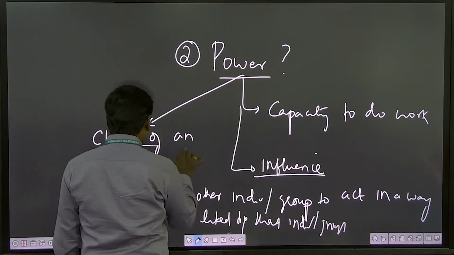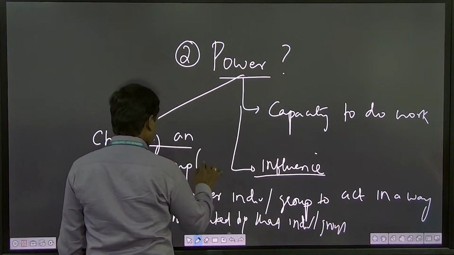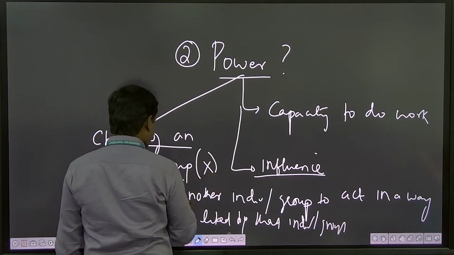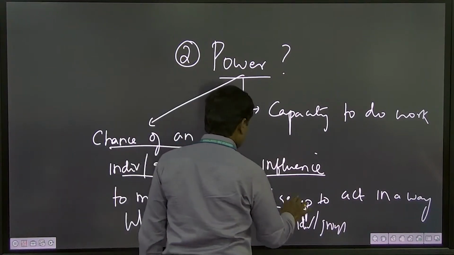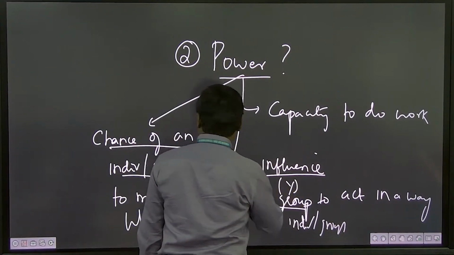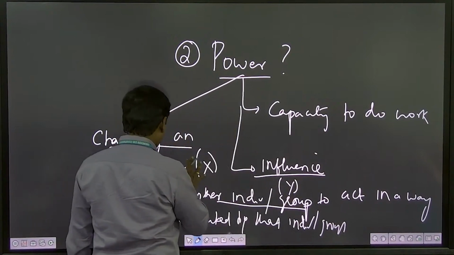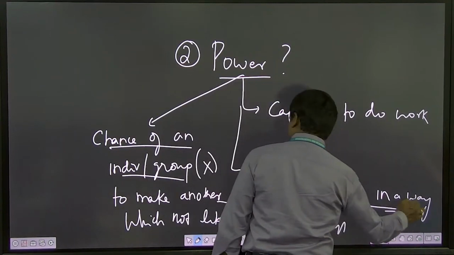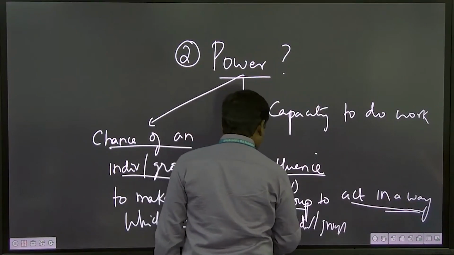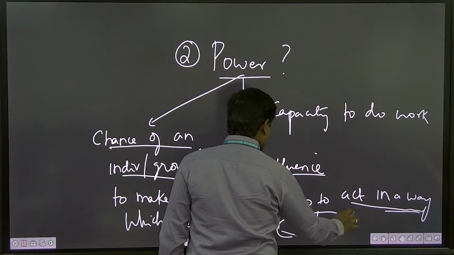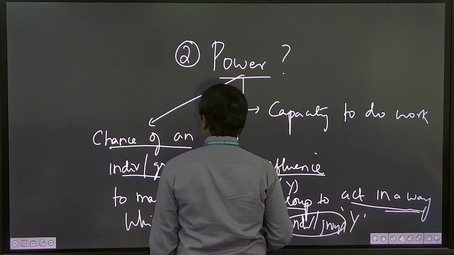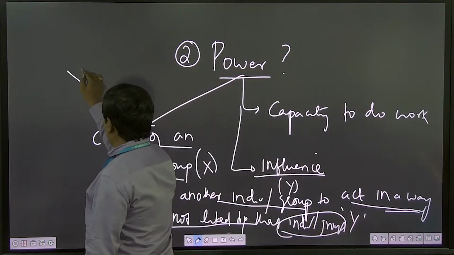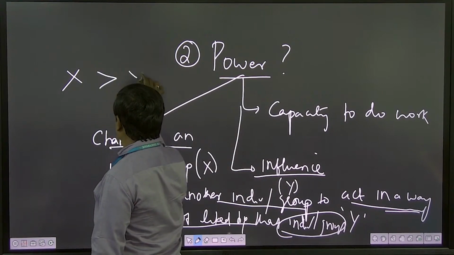The chance of an individual or a group, let us call this X, to make another individual, let us call this Y, to act in a way which is not liked by which group? Which is not liked by the group called Y, because X is commanding and Y is following the command.